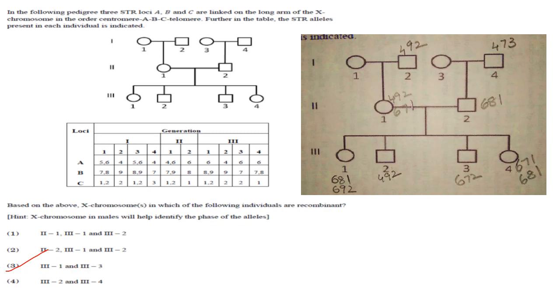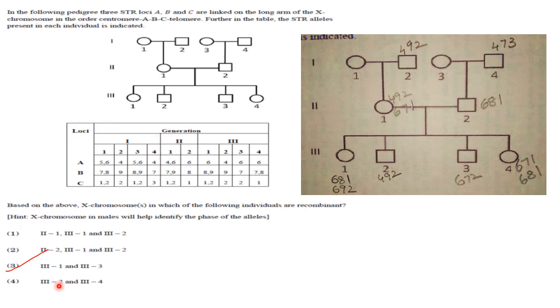So one basic thing everybody knows is that in females, one X chromosome comes from the mother and the other X chromosome comes from the father. Whereas in males, the X chromosome comes only from the mother.